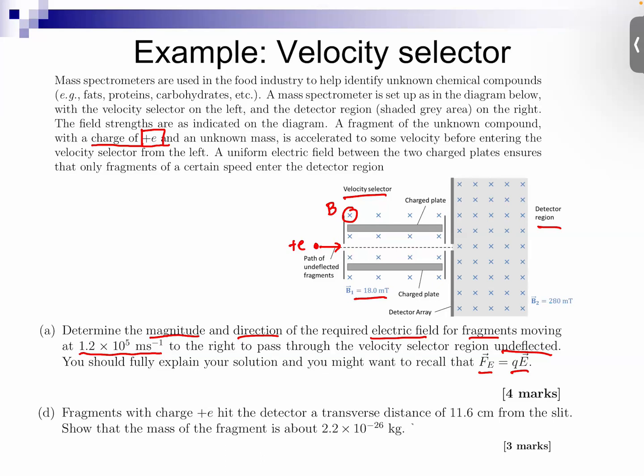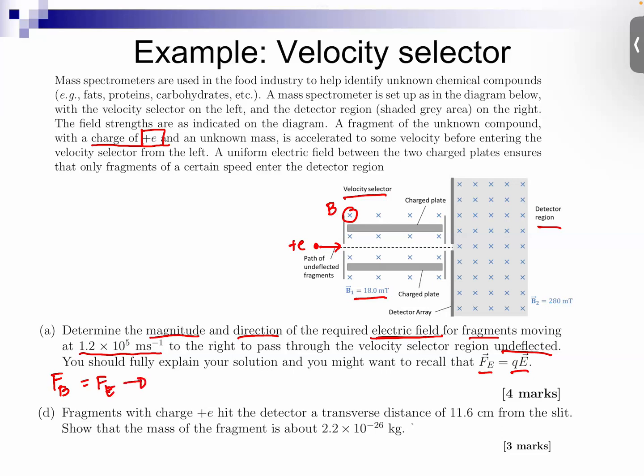In your velocity selector, there should also be an electric field, and that's why the problem is asking you to calculate the electric field, because the electric field will then exert an electric force on the moving charge.